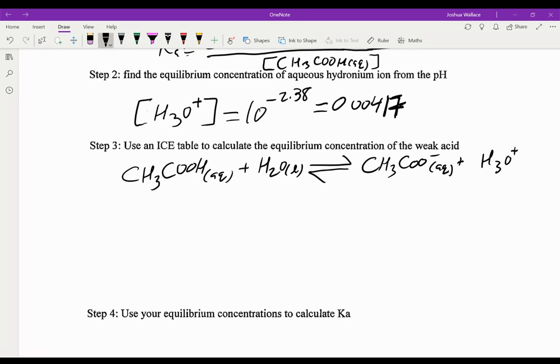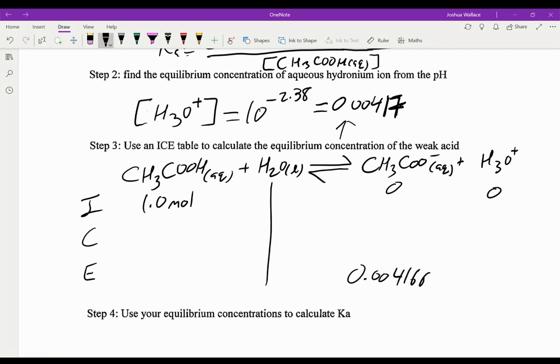We know that my initial concentration of acetic acid is 1.0 mole per liter. We can just cross everything we're going to do for H2O out. And for CH3COO- it's going to be 0 initially, and 0 initially for H3O+. What we found out from the information they gave us is that the change is 0.004168.